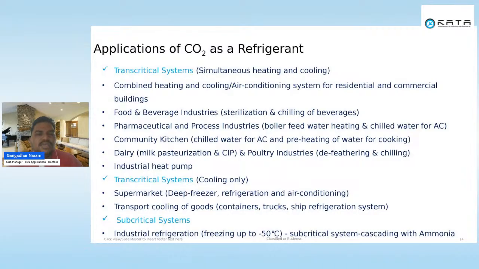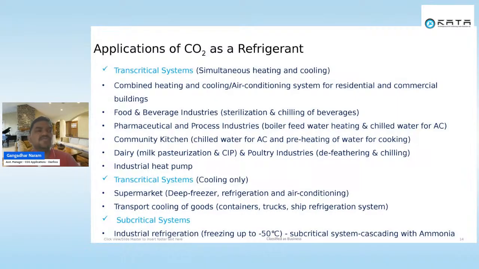CO2, cooling only is also still possible with the transcritical system, where you can have supermarket-like requirements to deliver minus 30, minus 40 or minus 45 freezing temperatures for deep freezers, and refrigeration and air conditioning applications are also possible. Transport cooling of goods is also possible, like truck refrigeration, ship refrigeration, and container refrigeration.